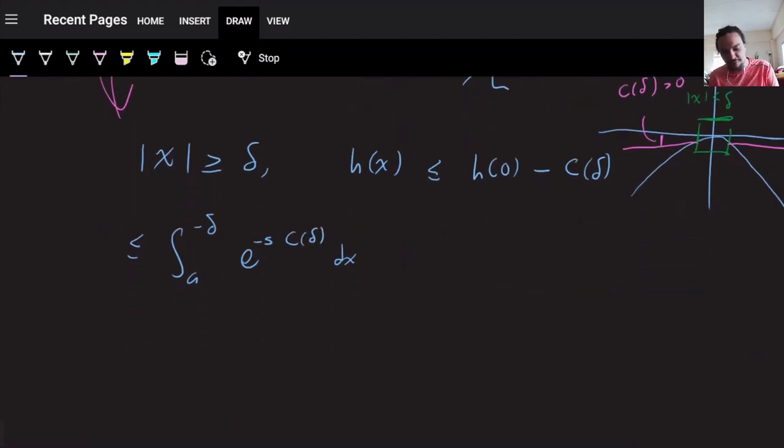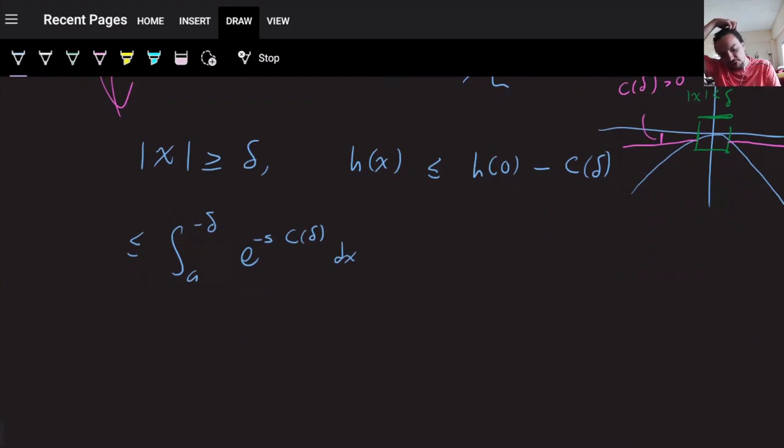And then as s goes to infinity, well, okay, we can just integrate this directly. How do you integrate this? Oh, I mean, it's just a constant. It'll be minus delta minus a times e to the minus s c of delta. And then as s goes to infinity, this goes to 0.